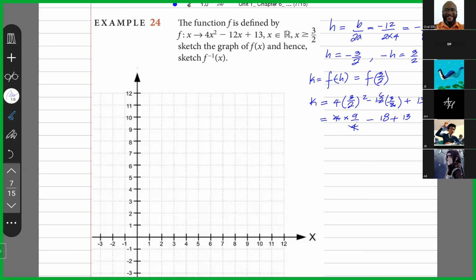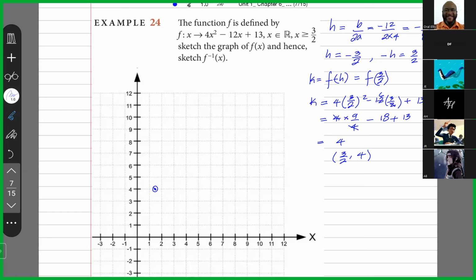So it's 13 plus 9, which is 22. 22 minus 18 is 4. K is 4. So 3 over 2, 4 is my turning point. 3 over 2 is 1.5, so 1.5, 4 is my minimum turning point.